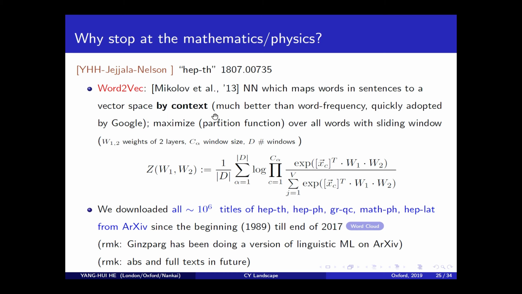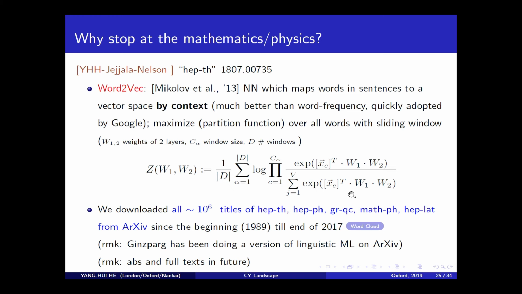This is why, with predictive text, when you type in Google, even before you finish whatever the hell you're trying to search for, it's already predicting the next few words. This is exactly using some variant of this version of Word2Vec. It's fine, but for physicists, it's so simple. It's just this partition function, if you wish, and we just have to minimize this partition function over training text. So you find some window, and you find the distance between words in that window.